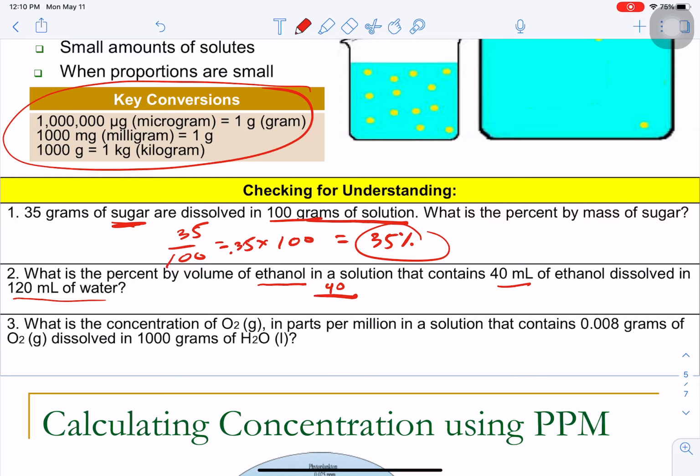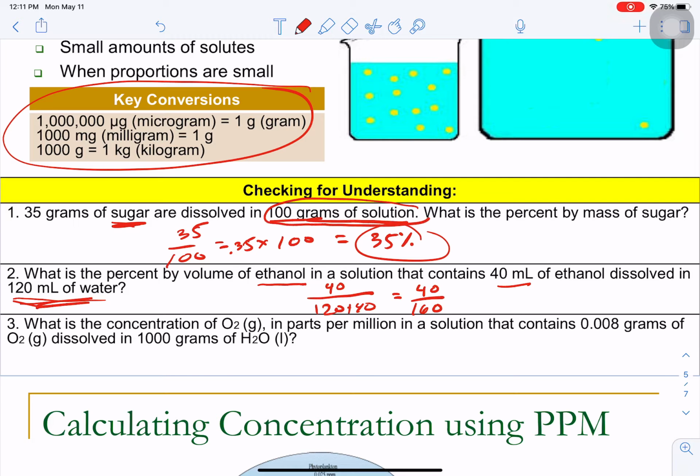Okay, the entire solution is not 120. That's the amount of water. The entire solution would be the 120 plus the 40. So this would actually be 40 divided by 160.